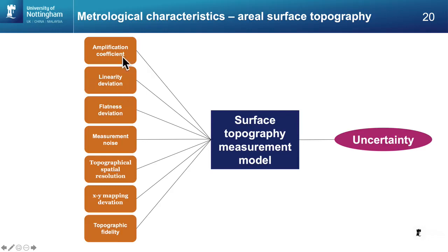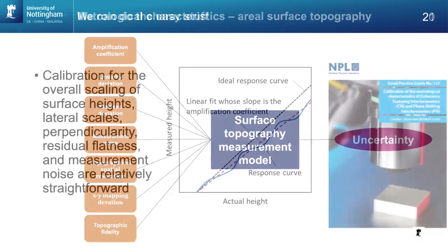There's the typical scales of the instrument, the amplification coefficient, linearity deviation in X, Y, and Z, the flatness reference of the measurement, the measurement noise, not instrument noise, the measurement noise, the noise with that particular surface, the topographical spatial resolution, so that's how we determine the resolution in the X, Y, and Z. The XY mapping deviation is the perpendicularity of the axes, and then there's this one at the bottom here, which we call topographic fidelity, which is the one that is still outstanding. We still really don't know how to determine that, and that's what we're going to address today.